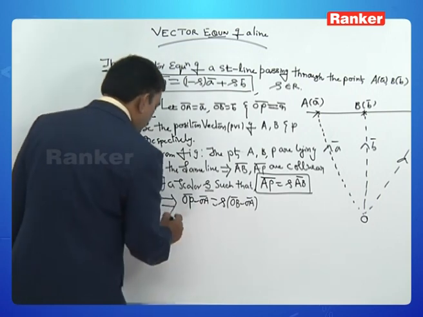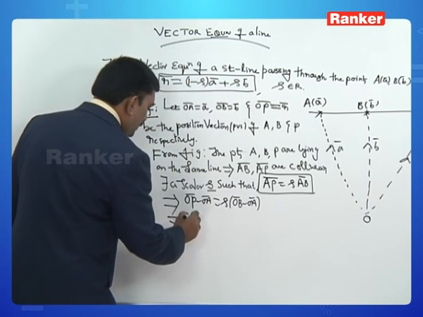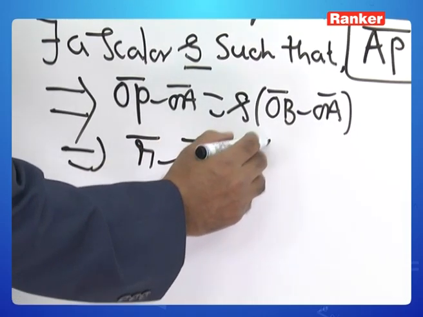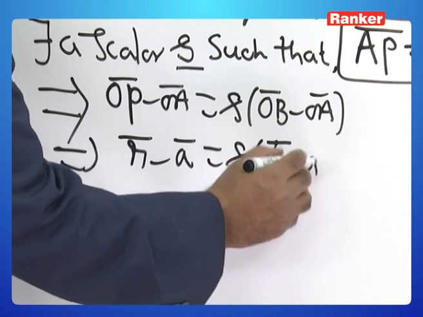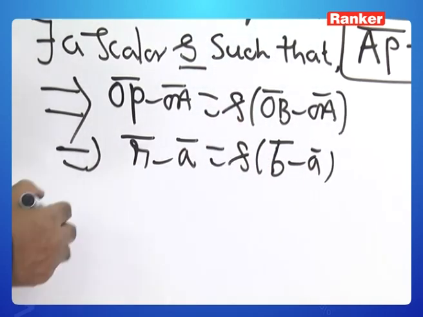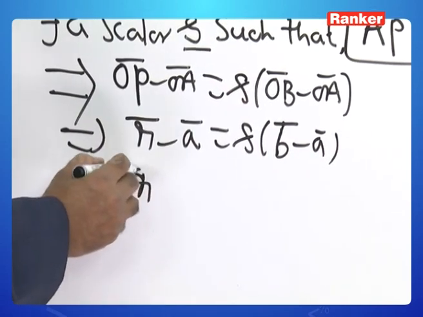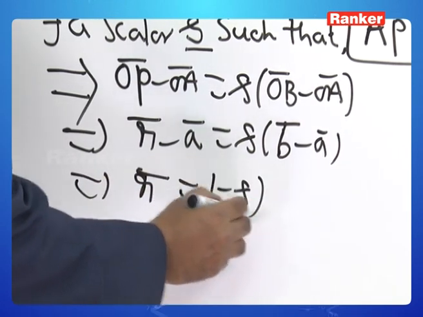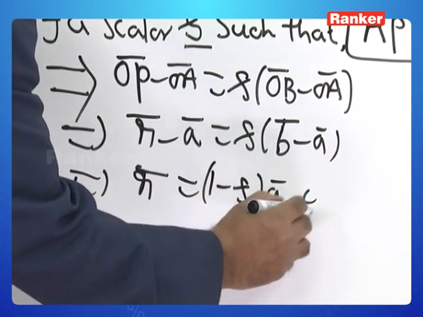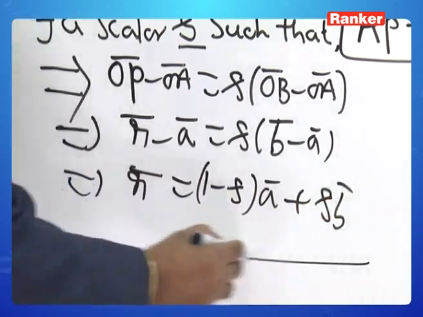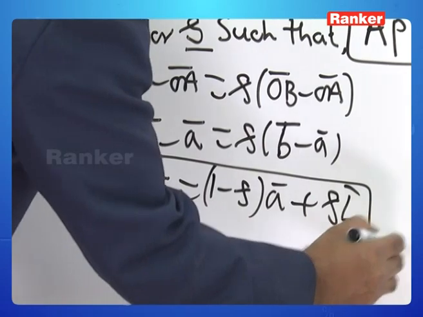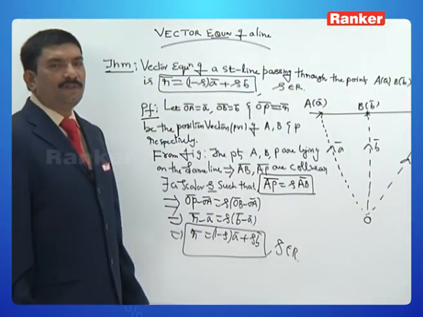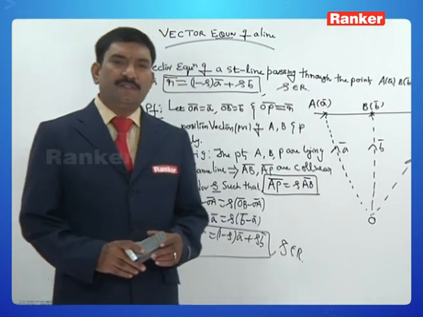Now look here, this is R bar minus A bar is equal to S into B bar minus A bar. So therefore R bar is equal to 1 minus S into A bar plus SB bar, where S belongs to R. You can very well observe this.